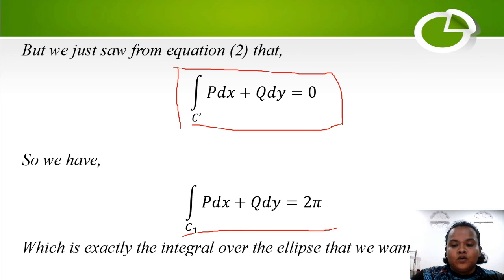All of you have to note that this argument actually shows that in this example, the line integral over any closed curve about the origin will be 2 pi. That's all from me.